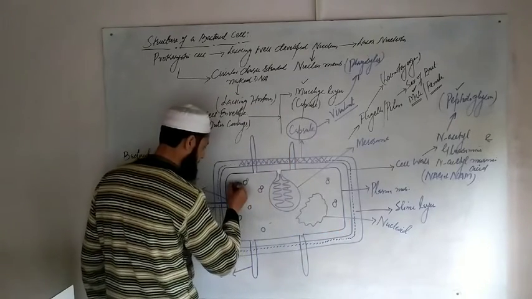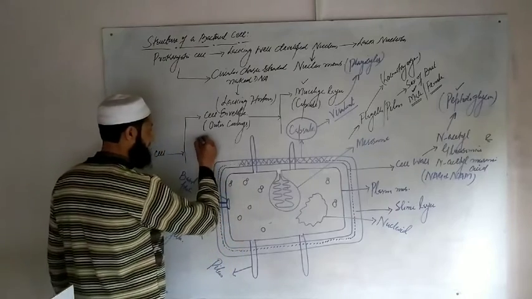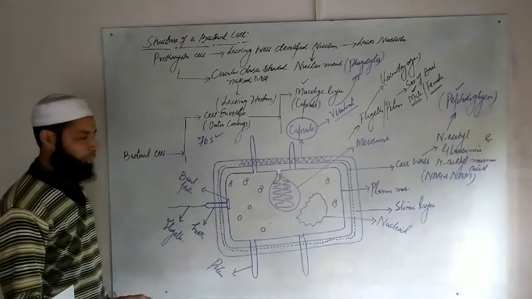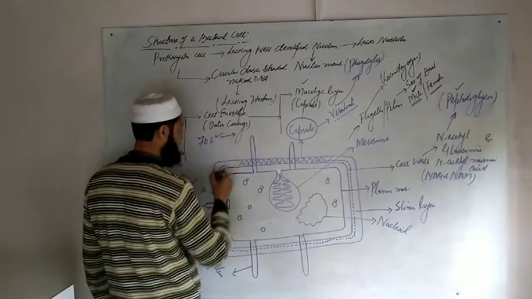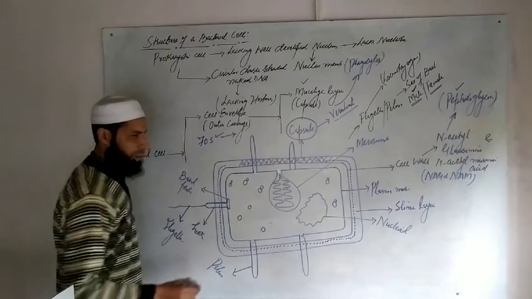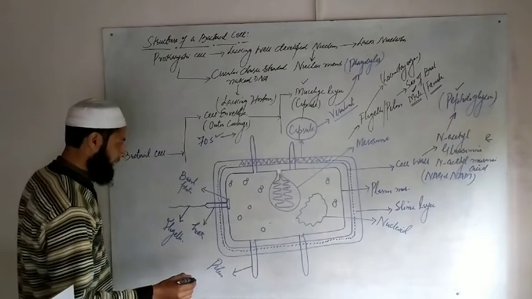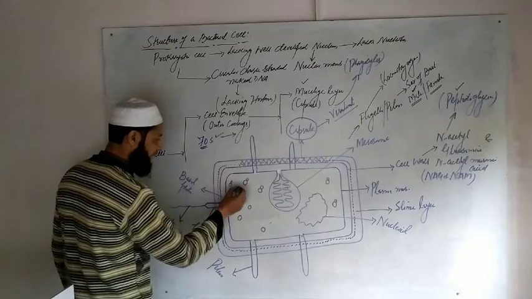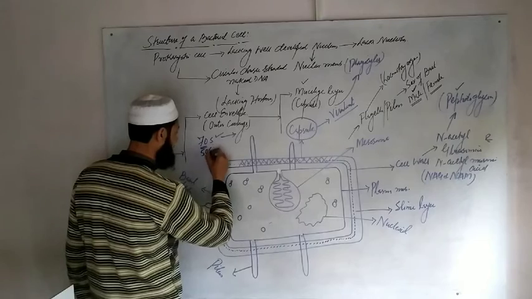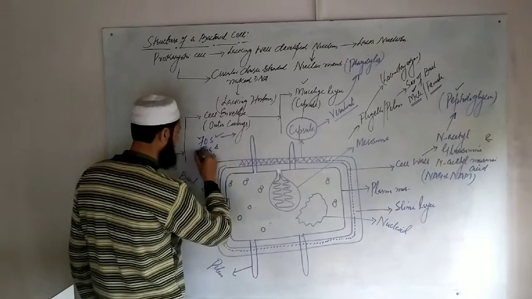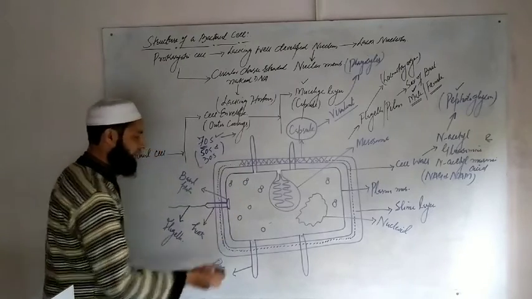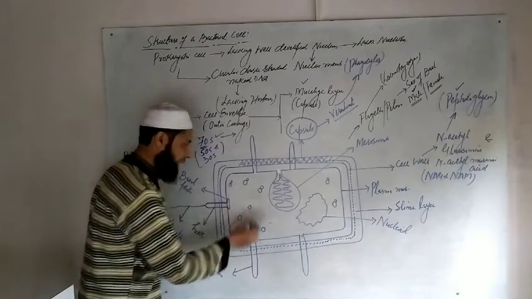As you already know, in bacterial cells, ribosomes are 70S, where S means sedimentation coefficient or Svedberg coefficient, a centrifugation coefficient. 70S consists of two subunits, a larger one and a smaller one, that is 50S and 30S. 50S means the larger subunit of the ribosome, and 30S means the smaller subunit.